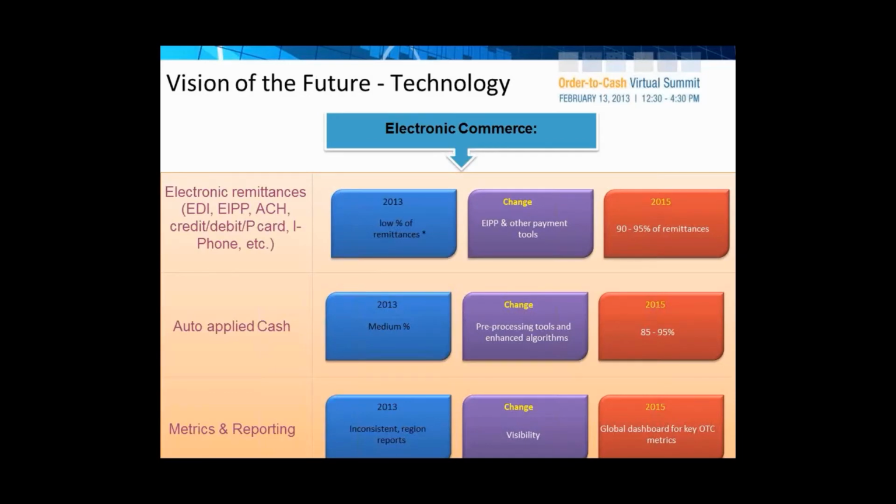Payments from customers, remittances. There's already a lot of modes out there. Again, most over time, that optimal order-to-cash process is going to have a very high percentage of payments coming in electronically.